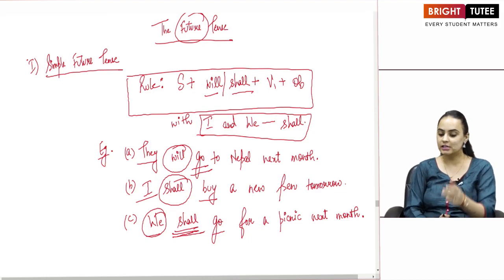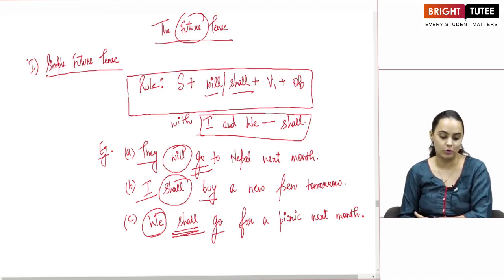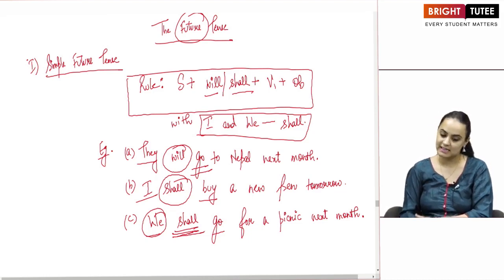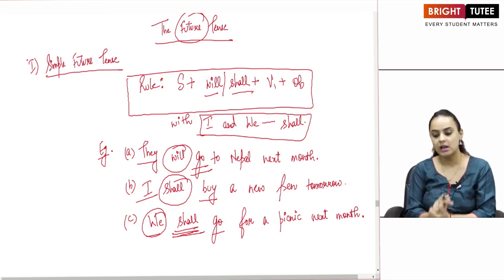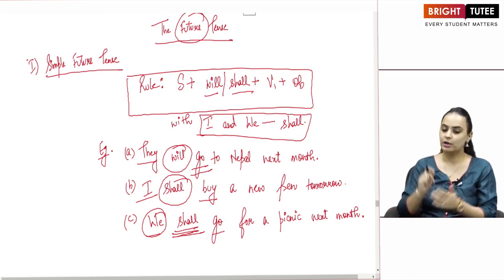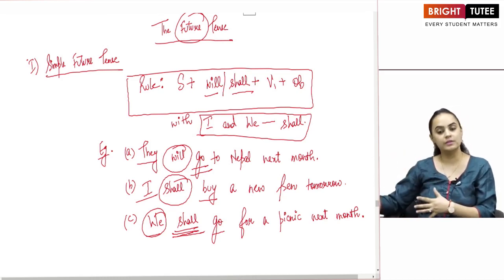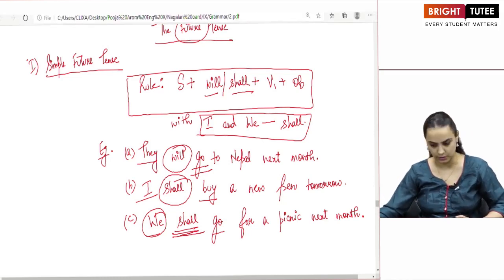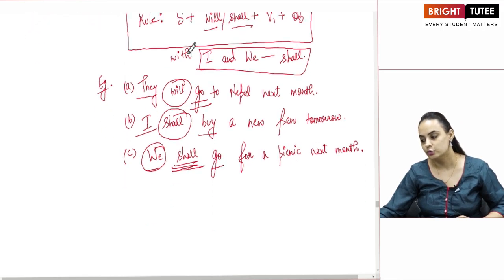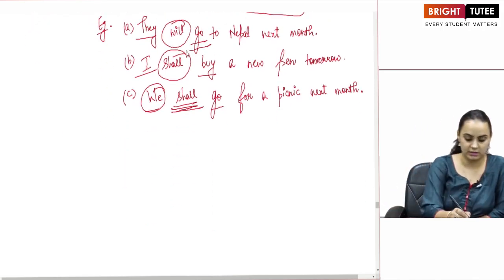So, what did you learn so far? The basic rule of the simple future tense is subject plus either will or shall plus the first form of the verb and the object. With I and we we will always use shall, and with all the other subjects we can use will. Now, what are the uses of the simple future tense?